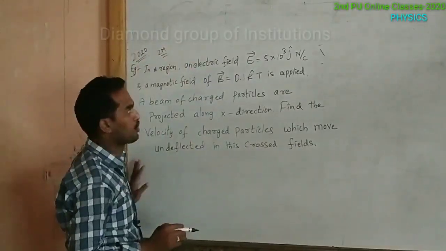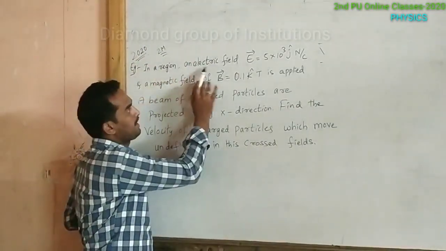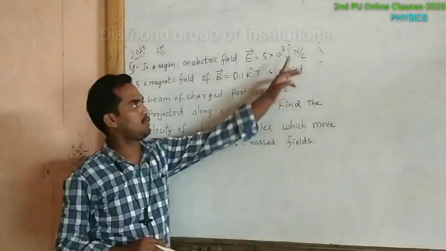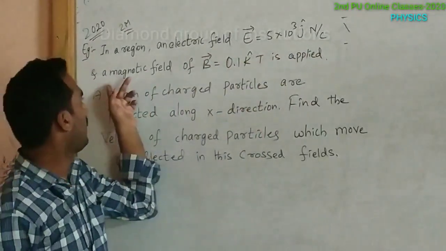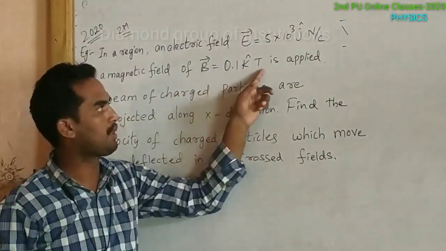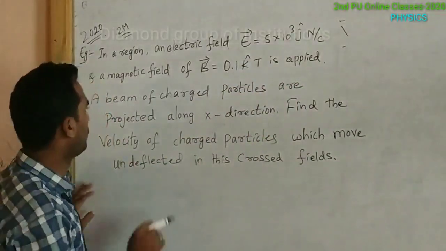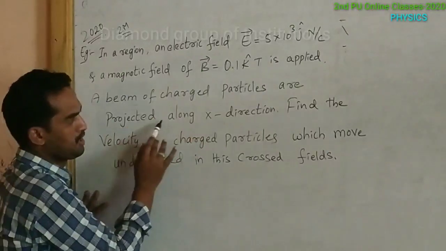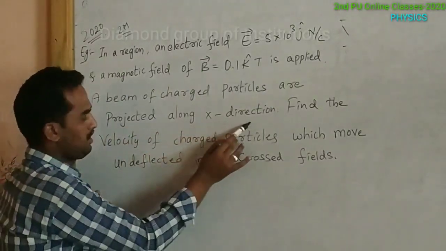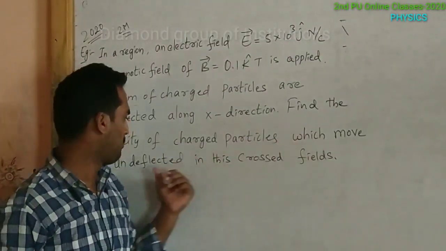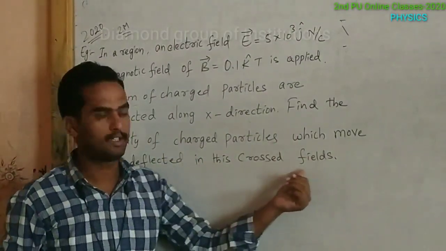See the question. In a region, an electric field E equal to 5 into 10 to the power of 3 Newton per Coulomb, and a magnetic field B of 0.1 Tesla is applied. A beam of charged particles is projected along the x direction. Find the velocity of the charged particles which move undeflected in the crossed field.